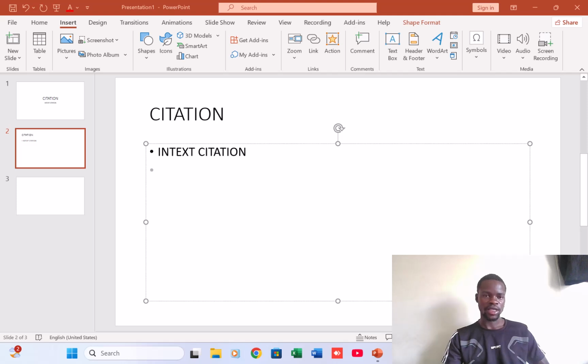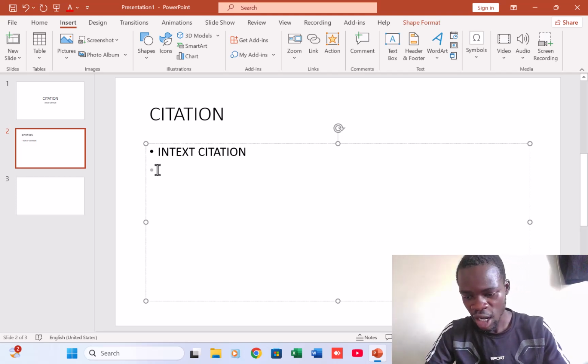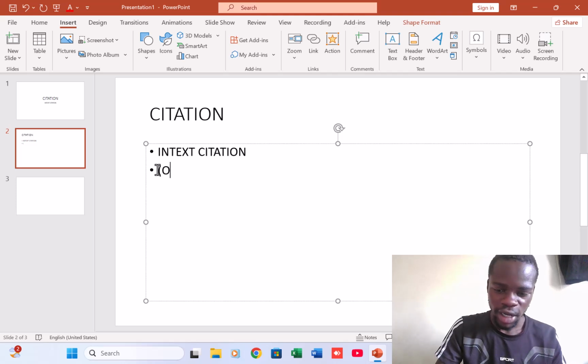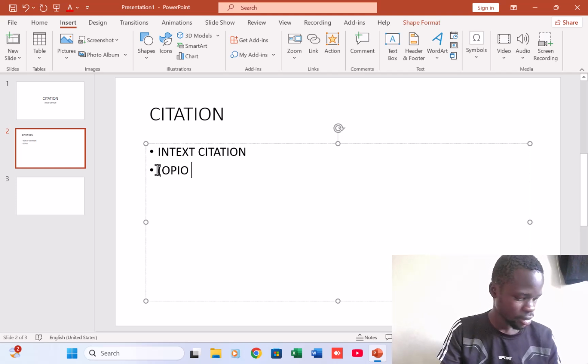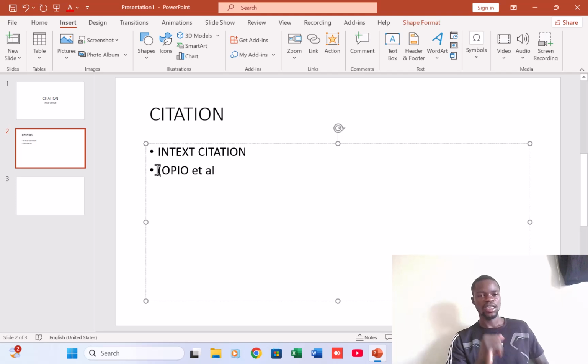Let's say the first author is Opio. So in brackets you put Opio, then et al., like that. First author, then et al.